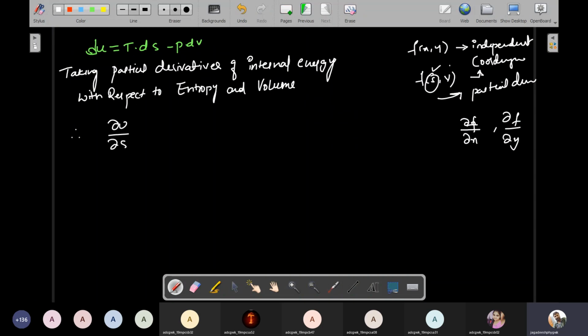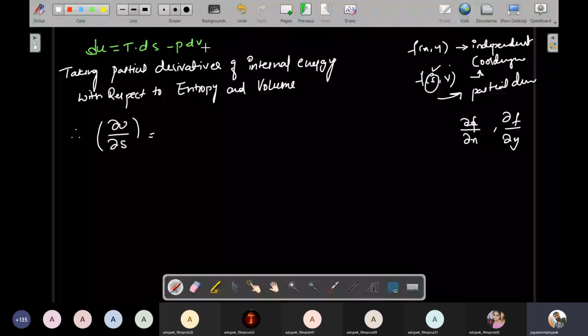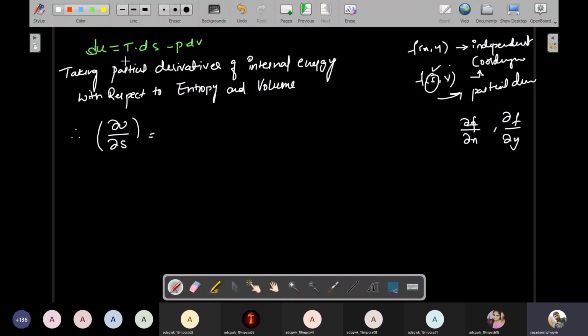In terms of differentiating with respect to entropy, then dou u by dou s is equal to, since volume is constant, that differentiated term is 0. Then finally we will get du is equal to T dot ds. So therefore dou u by dou s is equal to T. Differentiate with respect to entropy and take volume as constant.